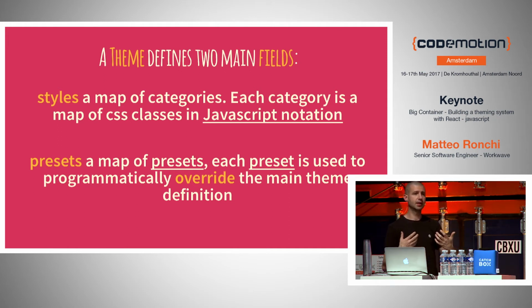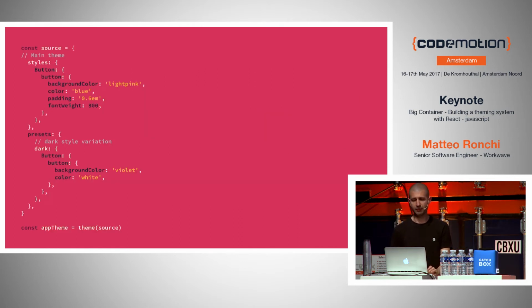So we create an equal object with just the keys we want to override. And then at runtime, we merge the preset over the theme, and we get a different look and feel, but with really, if not zero, a minimal effort.